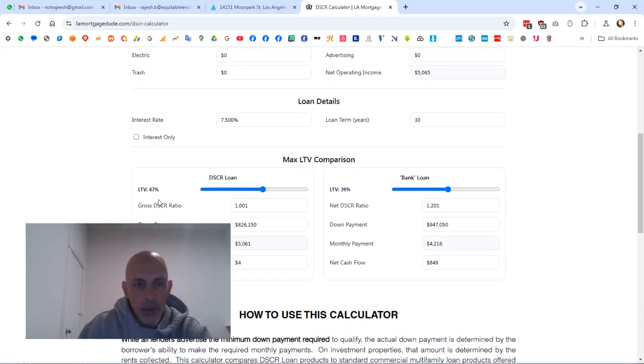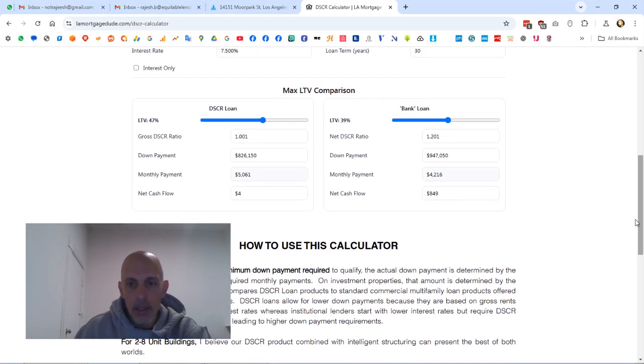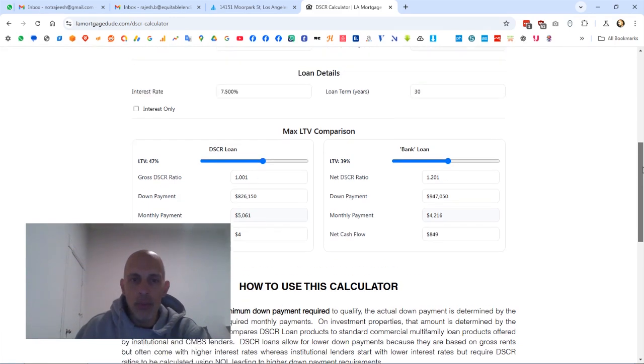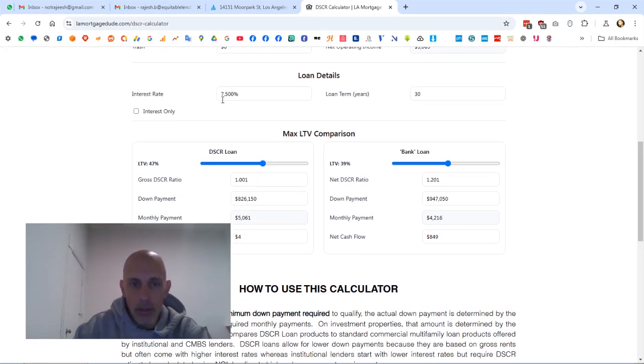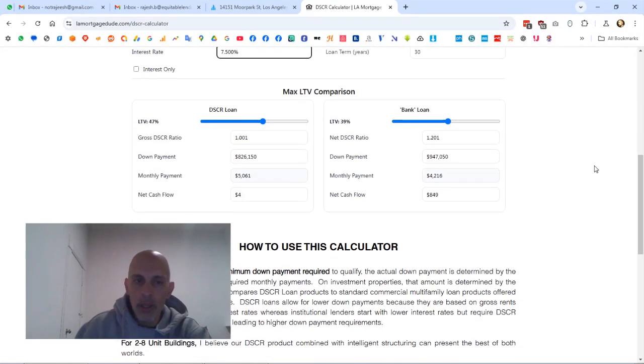And so you would have to put 53% down, or $800,000, just to cash flow $4 a month. Whereas if you do a bank loan, you'd have to put $950,000 down, just to cash flow $849 a month.